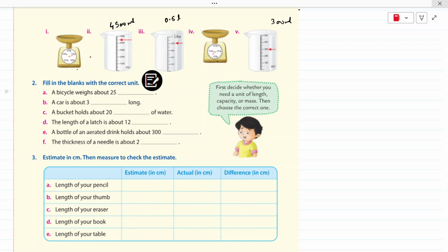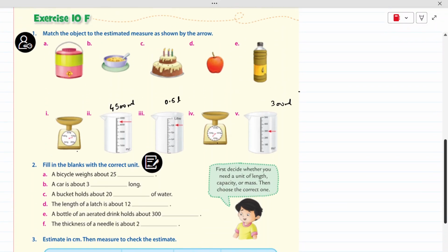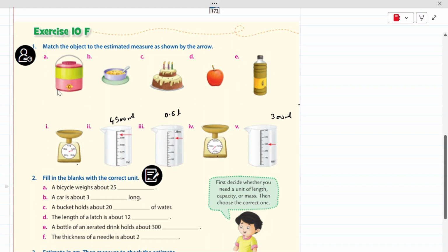The first one contains a large amount of water, so it can contain 4500 ml, where 4500 ml is equivalent to 4 liters 500 milliliters. So we can match it here; for A it is the second part. Now coming to this soup bowl, it has less soup, so we can match it with the fifth part.